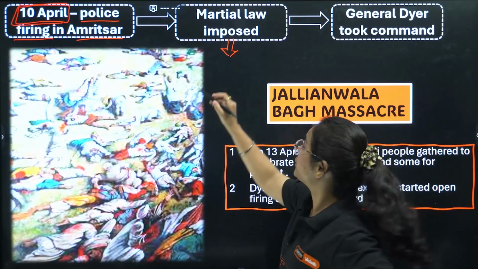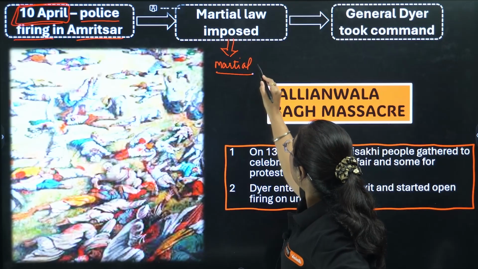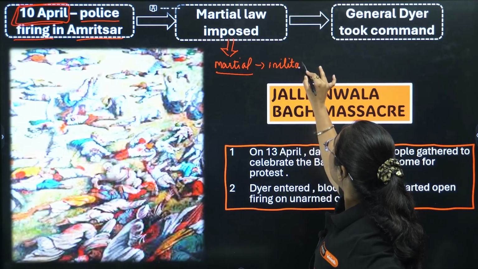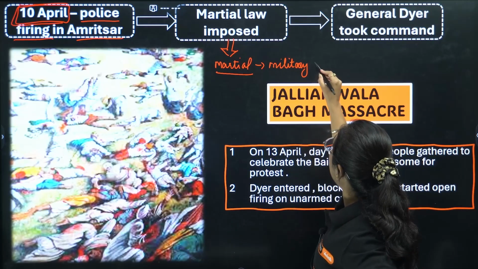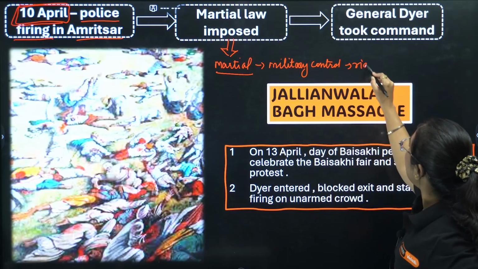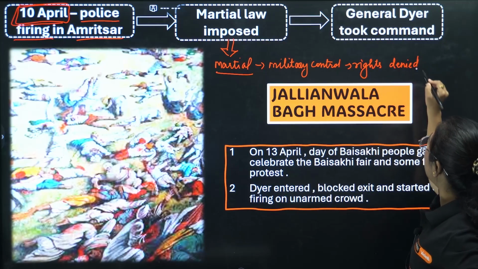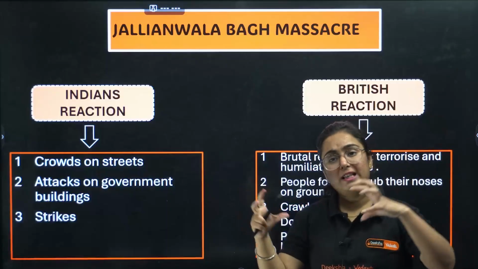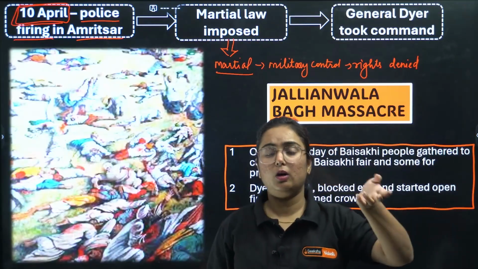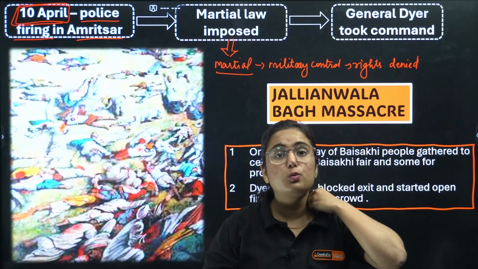Now what is martial law? Pay attention here. Basically in martial law, that area comes under military control and all your basic rights are denied. For example, groups cannot gather now. All grouping was not allowed, communication was not allowed, the right to protest was taken.